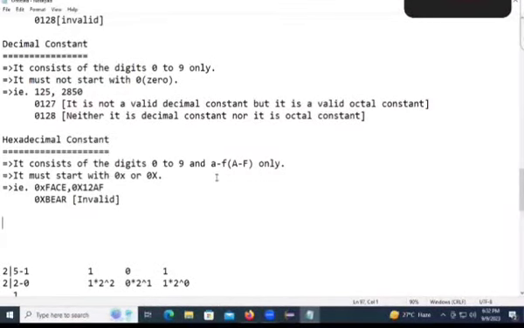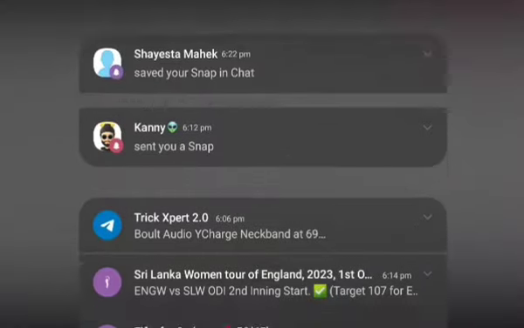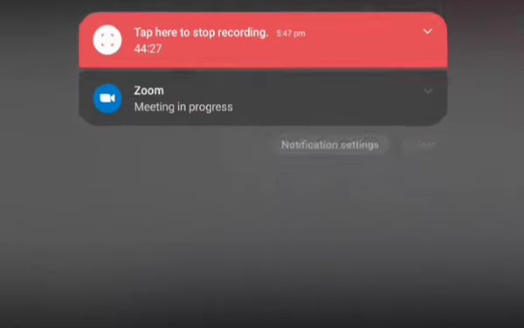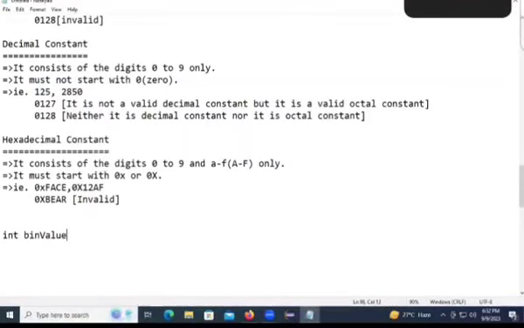Suppose I take a variable named binary value. Binary value equal to 0x 1 to F. Valid or invalid?